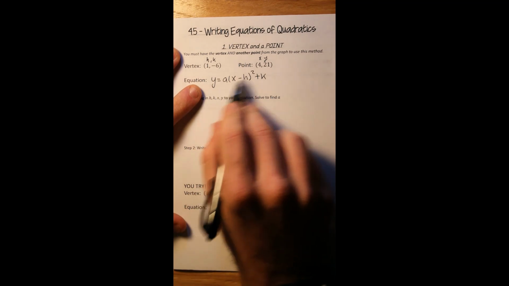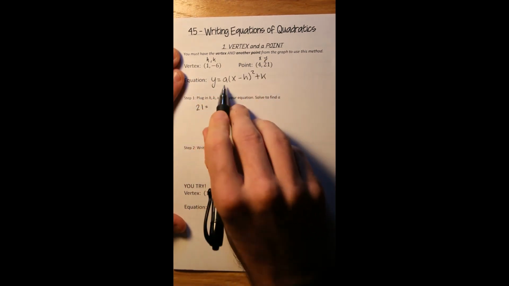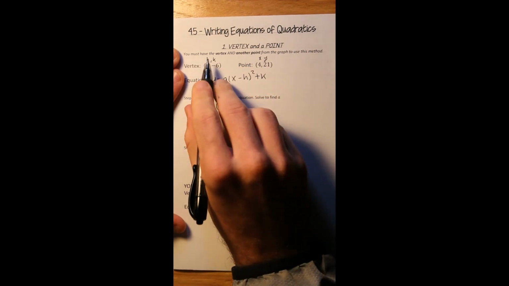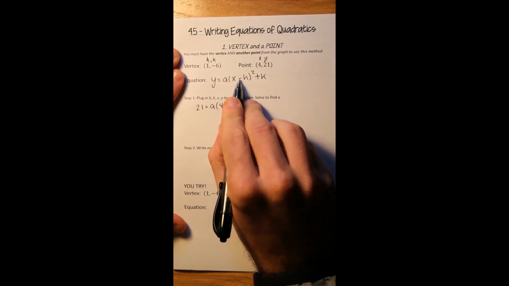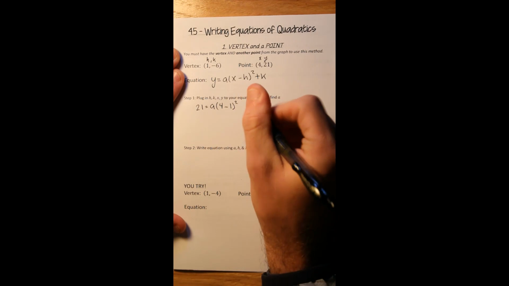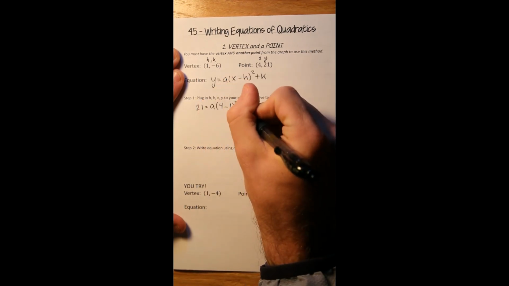So my y value is 21. A we don't know yet, that's what we're looking for. My x value is 4, minus h, so minus 1, squared, plus k, but k is negative 6, so minus 6.